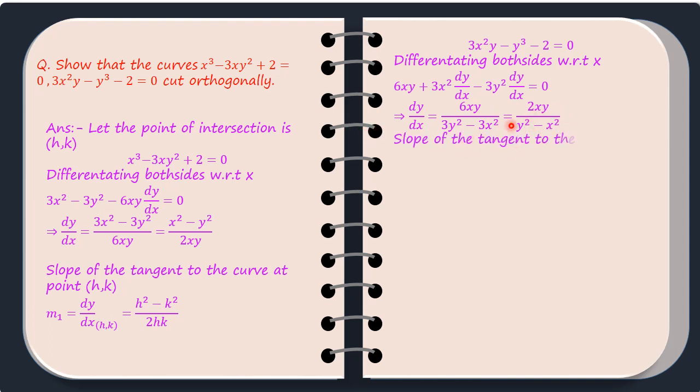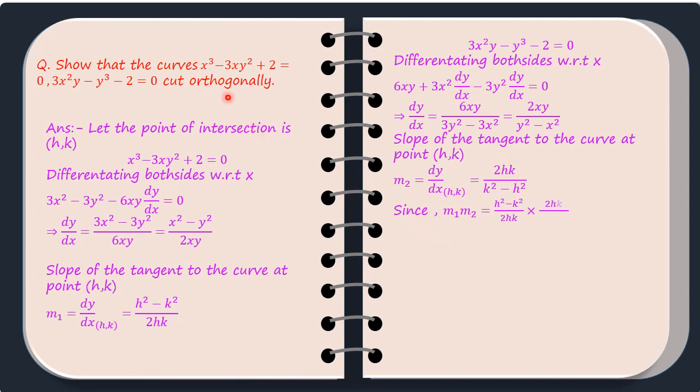So from here we can write the slope of the tangent to the second curve at a point h comma k is given by m2, that is dy/dx at a point h comma k. Just put the value of x as h and y as k in this dy/dx. So here is the slope of tangent for the second equation at a point h comma k.